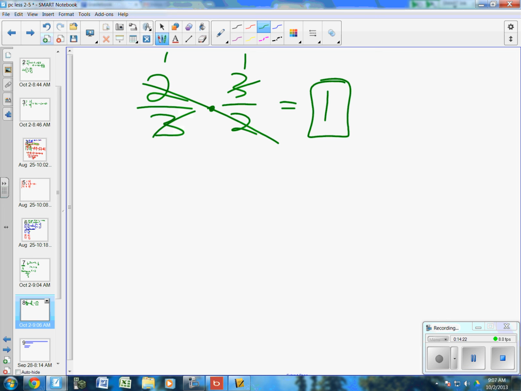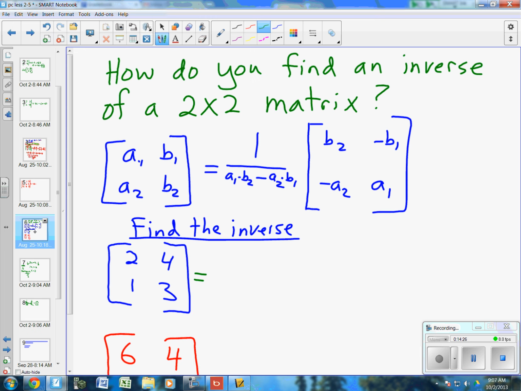So going back to right here, how do you find an inverse of a 2 by 2 matrix? Well, to find the inverse, you have to find the multiplicative inverse by doing this right here. This is how you do it. Everybody write this part right here down.